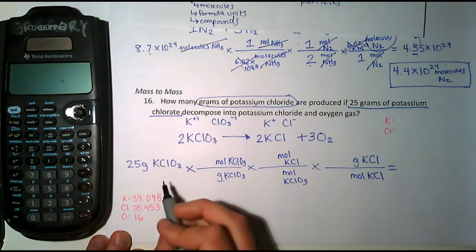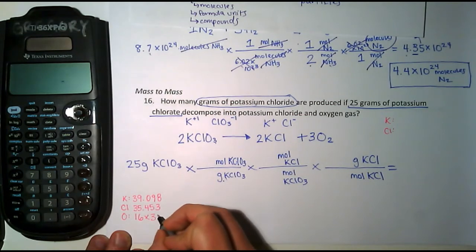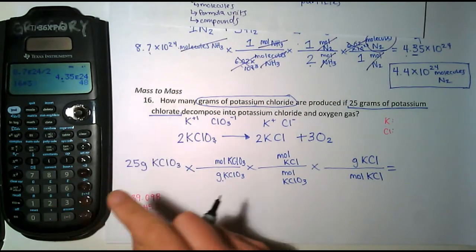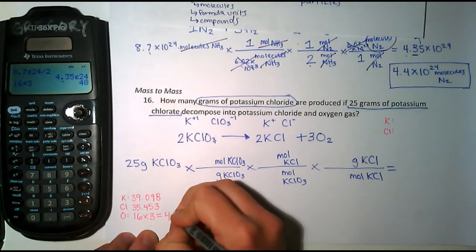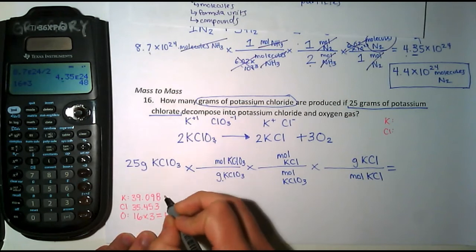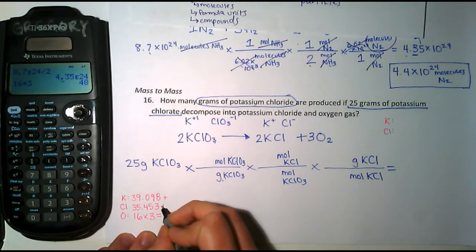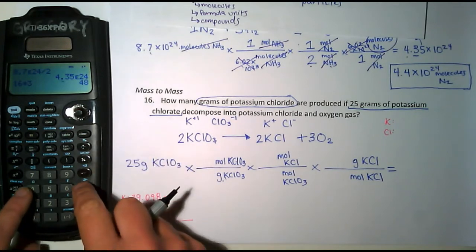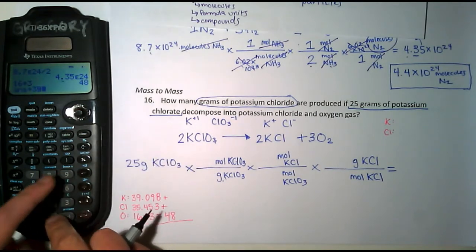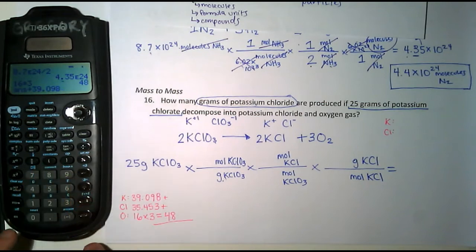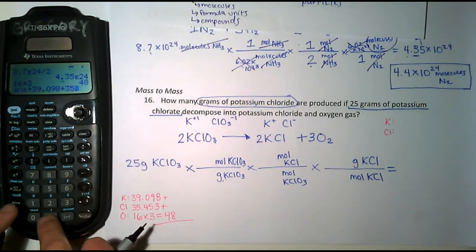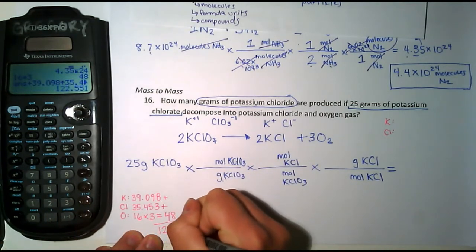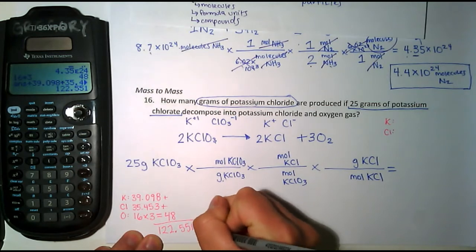There's 1 chlorine, but there's 3 oxygen, so we need to multiply that one by 3. 16 times 3. So that gives me 48. So I'm going to do 39 plus 35 plus 48. And that will give me, let's see, 48 plus 39.098 plus 35.453. And that gives us 122.551 grams per mole.